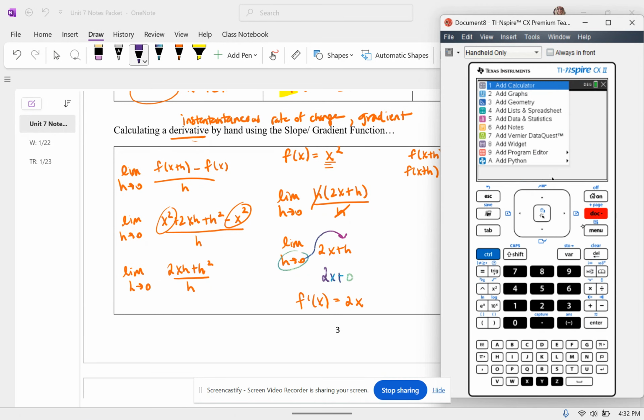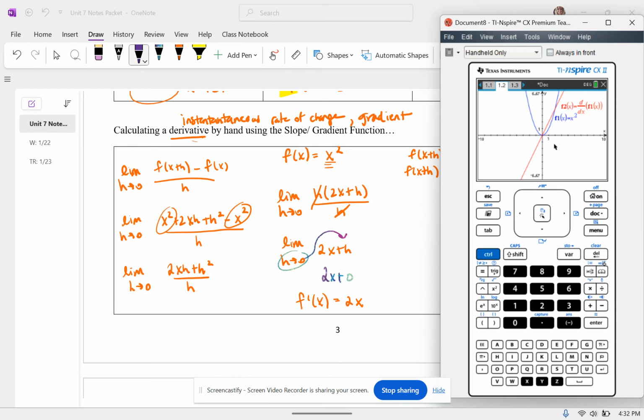Let's evaluate the derivative function, which was saved under F2, at 0, and see what the slope of the tangent line is. It's 0. So the derivative is 0 when x equals 0. Okay, and that's because we evaluated the derivative for x equals 0, and we returned the slope of the tangent line on the original curve.